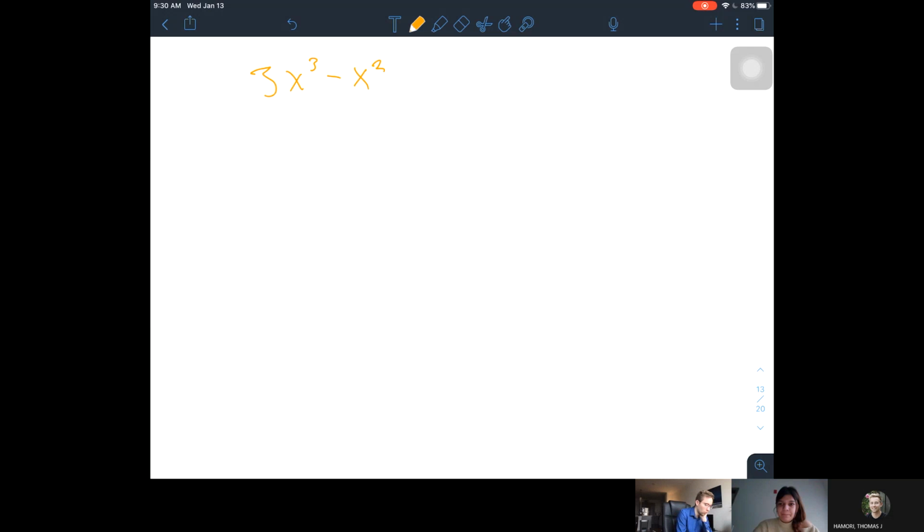What we are wanting to do, the goal of factoring, is to take some polynomial a_n x to the n plus a_(n-1) x to the n minus 1 plus dot dot dot plus a1 x plus a0.